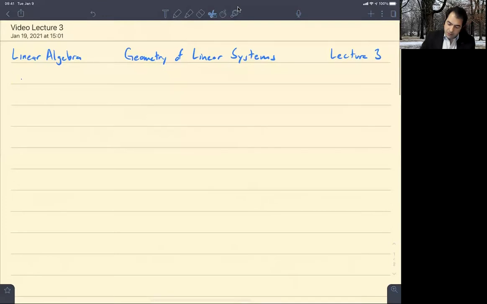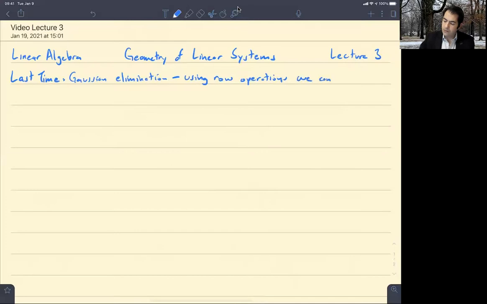So, last time, we talked about Gaussian elimination. Right? So this is about how using row operations, we can put any matrix into reduced row echelon form.